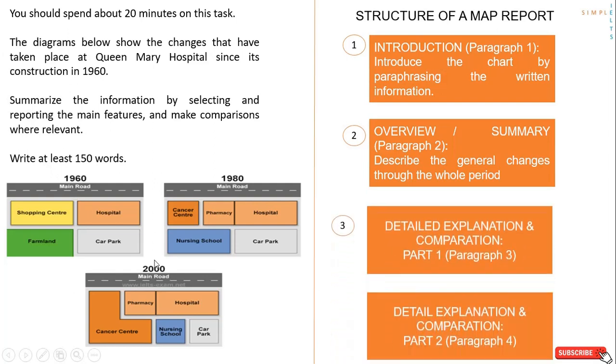And then we give a detailed explanation and comparison of the changes between 1960, 1980, and 2000. We can do that in paragraph 3 and paragraph 4. For example, in paragraph 3, we can explain and compare information in 1960 and 1980, whereas in paragraph 4, we can talk about the changes that happened in 2000.